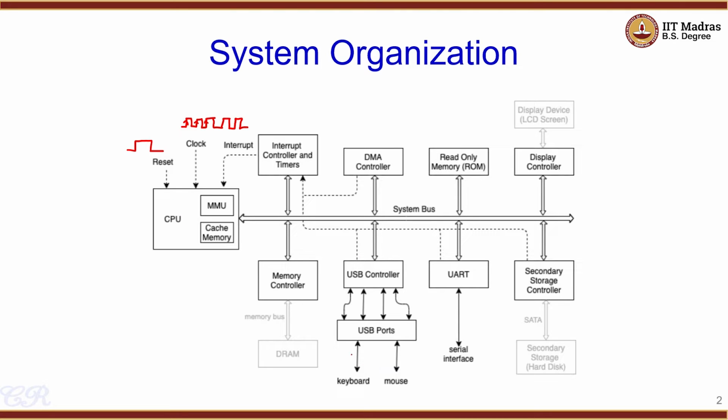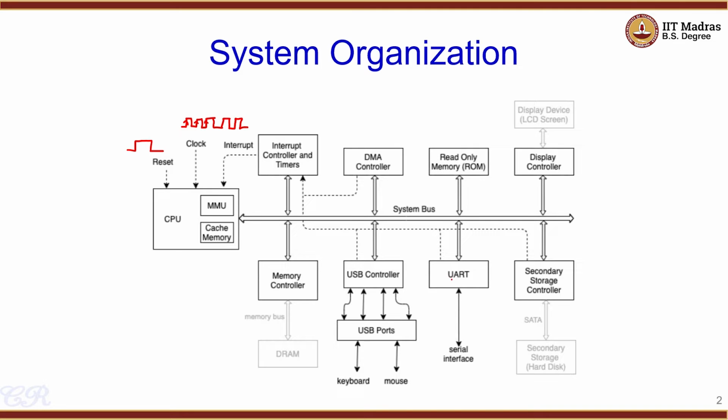Similar to this, your system could have various other peripheral modules, or as we call them, IO modules or input output modules, such as network cards and display controllers, as we see over here. Another example is the UART, which is the serial interface.